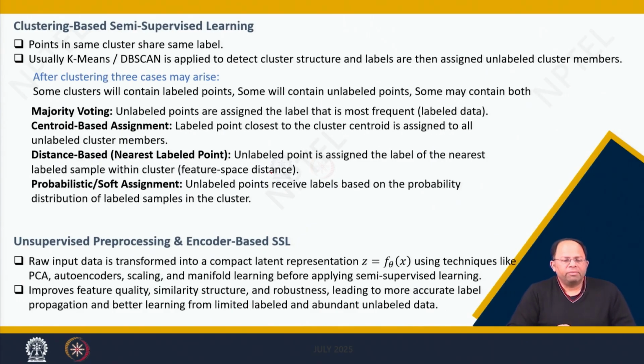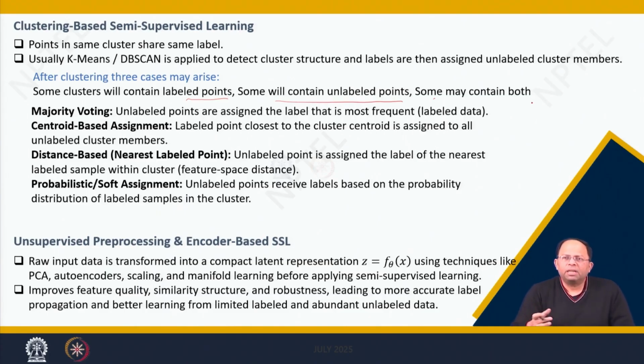The next method is clustering-based semi-supervised learning. The concept is that if points are in the same cluster, then they will share the same label. There could be cases where some clusters contain labeled points, some contain unlabeled points, and some contain both.